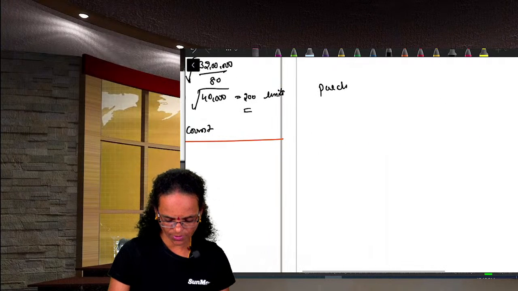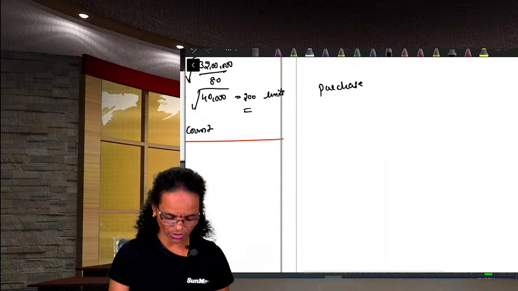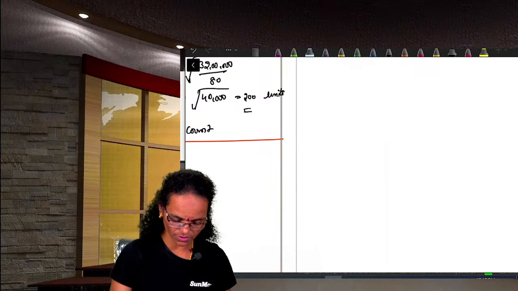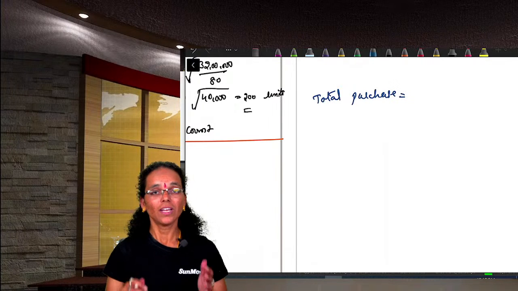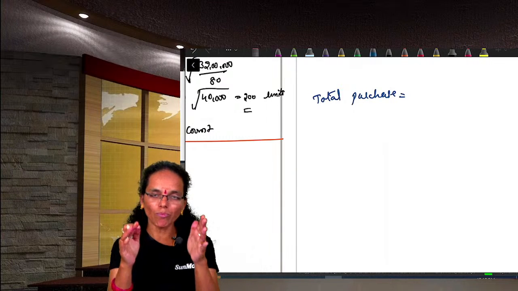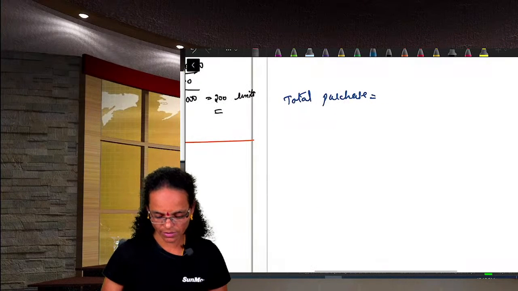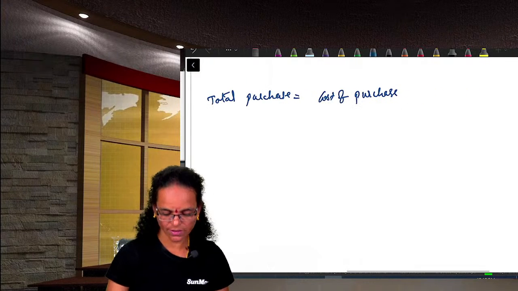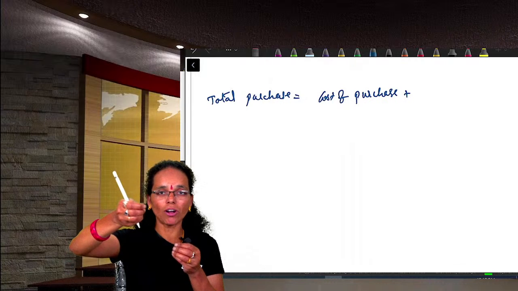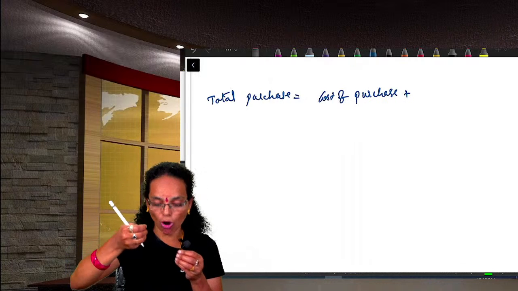Total purchase cost means the amount which we are paying to the vendor, that is the cost of purchase, plus when we are placing an order, we are incurring some expenditure, that is the ordering cost.